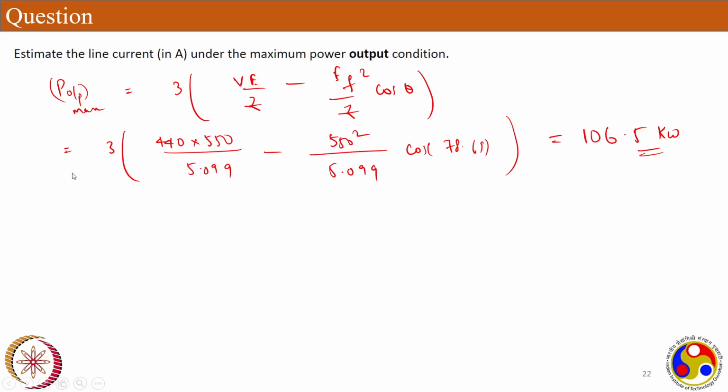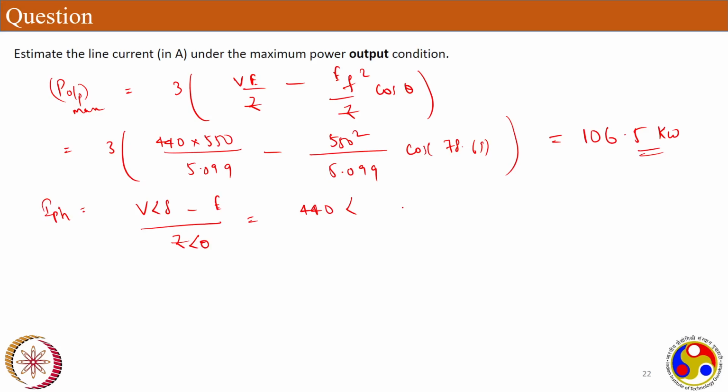Okay. Now what we have to calculate? We have to calculate the line current here. So it's the same thing. You will calculate the phase current first, and then you will calculate the line current from there. So phase current is V at an angle delta minus E divided by Z at an angle theta. So 440 at an angle delta. Delta should be equal to theta. That condition is useful here to write this.